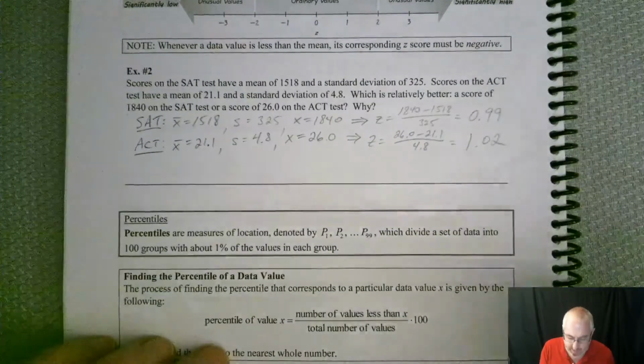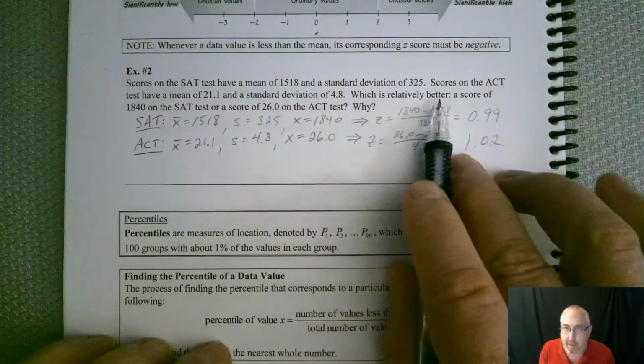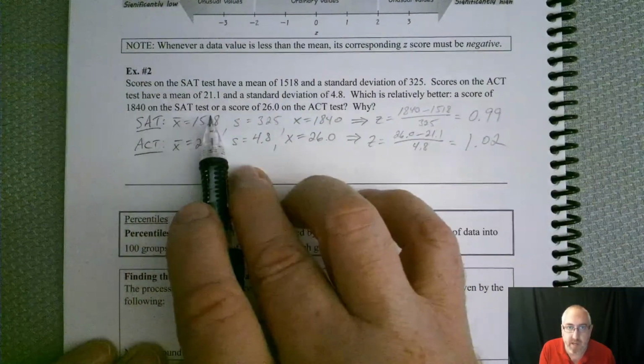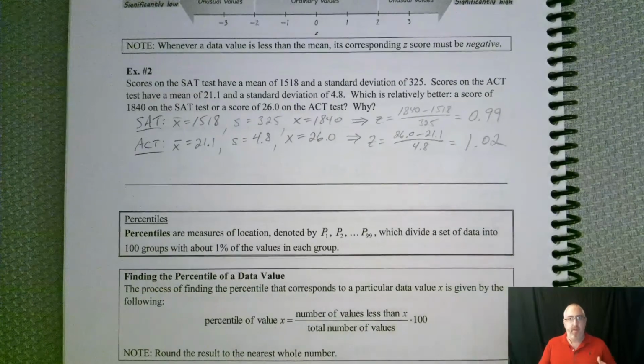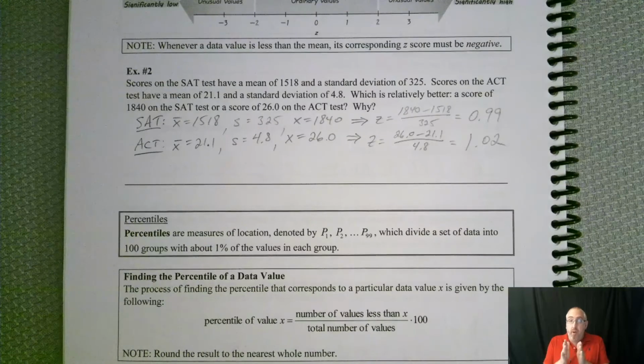What's the question? Which is relatively better, a score of 1840 on the SAT or 26.0 on the ACT, and why? Well, let's think about this. If you're doing well on a test, do you want to be close to the average, or do you want to surpass the average and be on the high end, as far away from the mean as you possibly can?